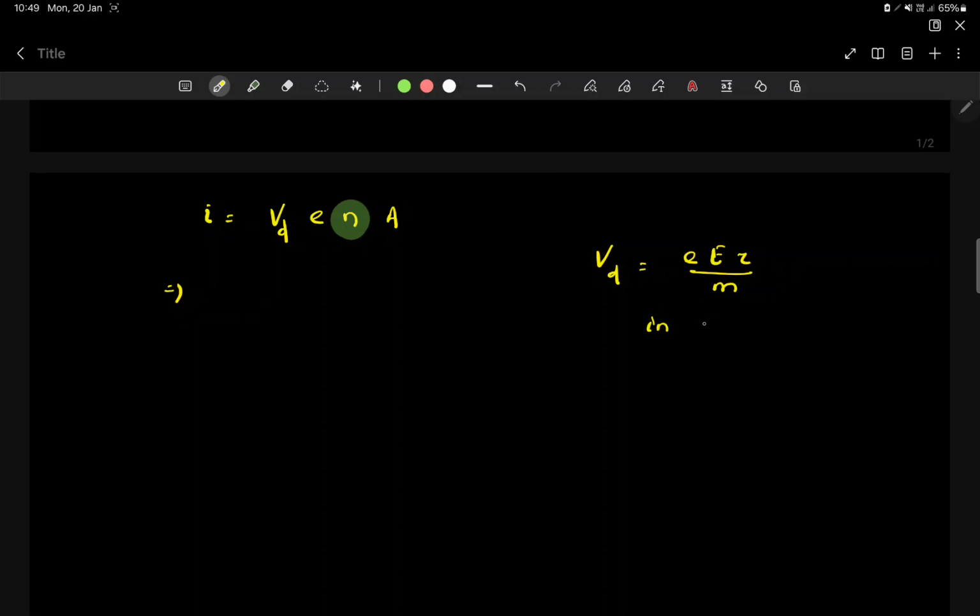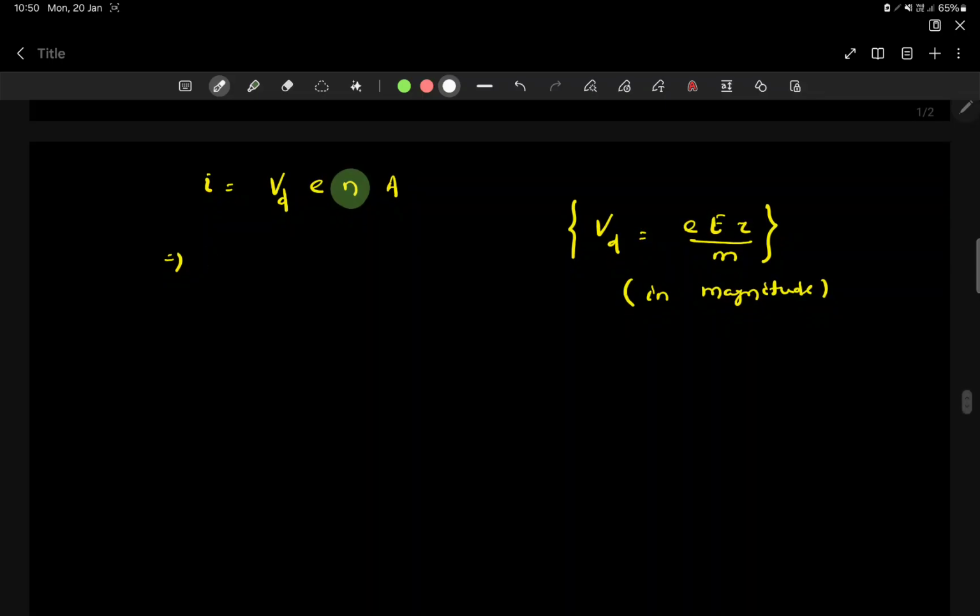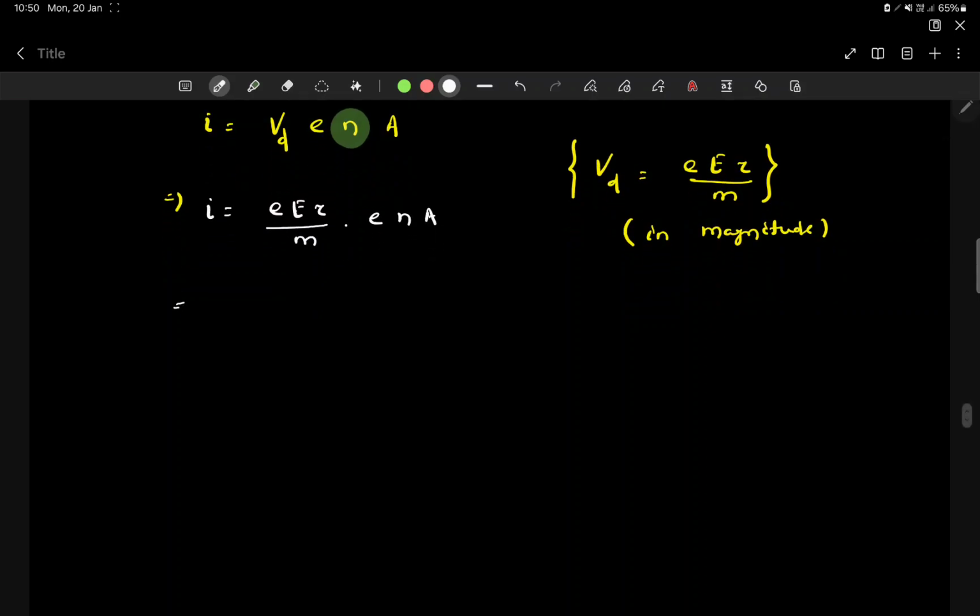Small e means charge of electron, capital E electric field. So the expression becomes I = (eEτ/m) × n e A, so we can write I = n e² A τ E / m.